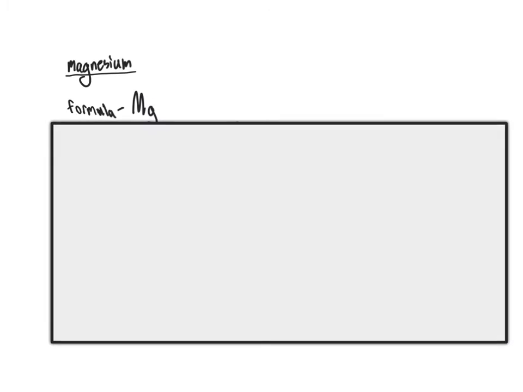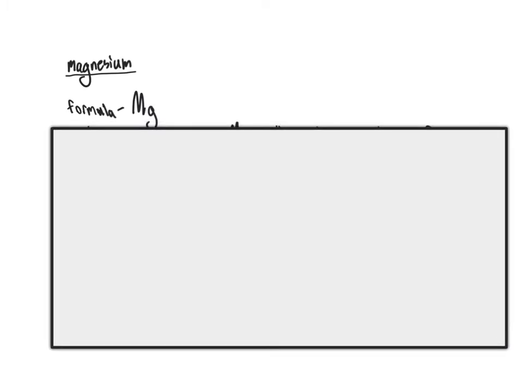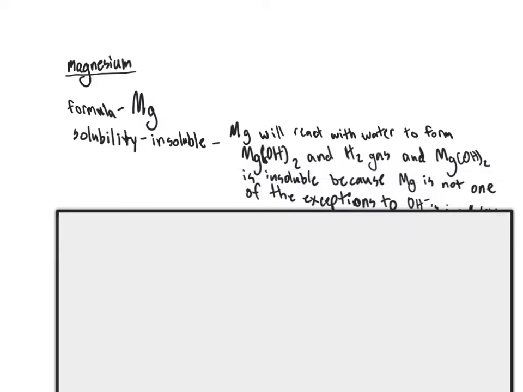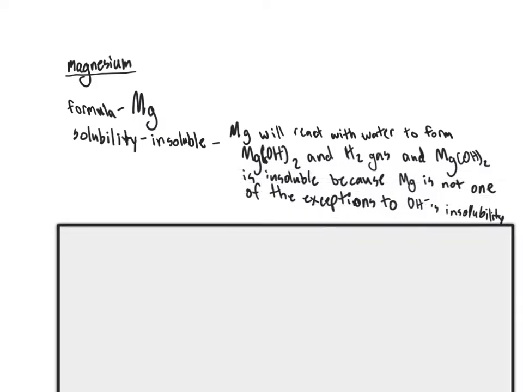For magnesium, there isn't really a formula, it's just Mg because it's an element, elemental magnesium. Solubility, it is insoluble. This one's a little complicated because the magnesium will react with water to form Mg(OH)2 and H2 gas. And Mg(OH)2 is insoluble because Mg is not one of the exceptions to OH- being insoluble.